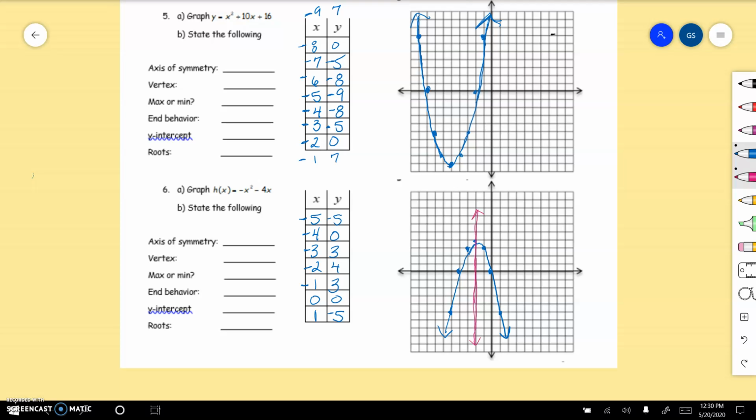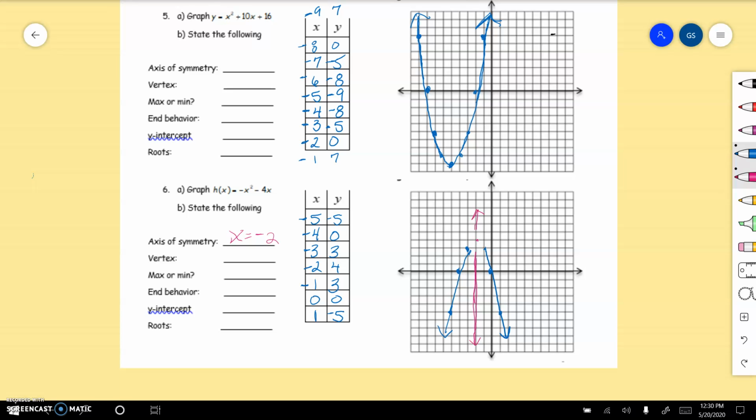Okay, so your axis of symmetry is always going to be x equals, and then in this case, x equals -2. You see how it's -2 on the x-axis? Sorry for the messy writing. The vertex is this point here.